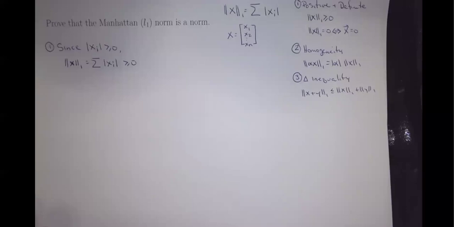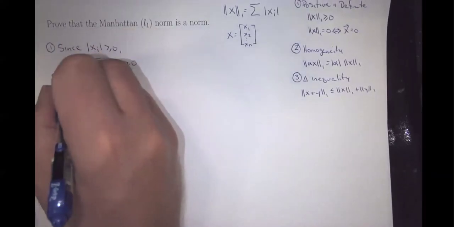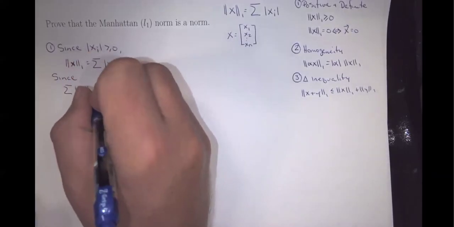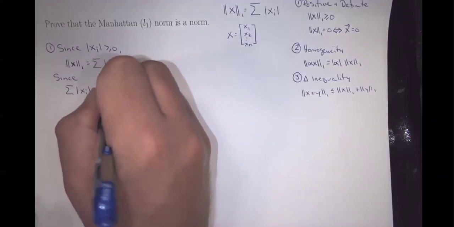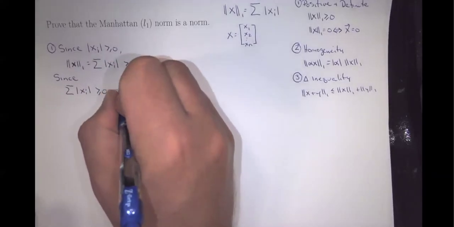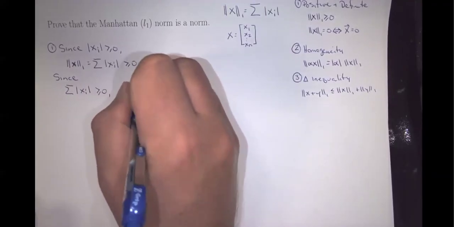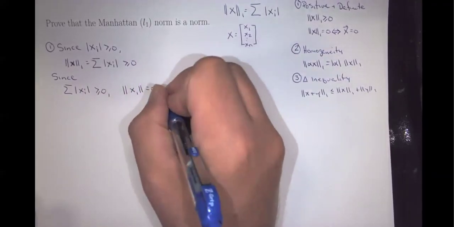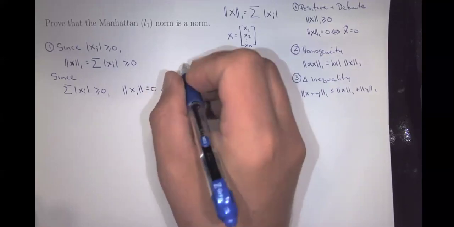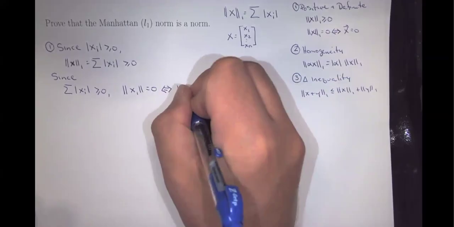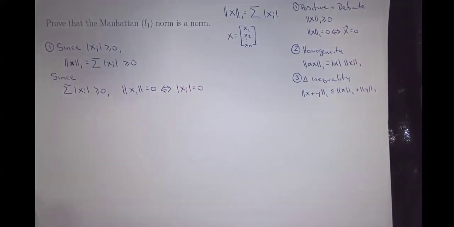Okay, but we know a little bit more than that. And we know that since the sum of the xi's are greater than or equal to 0, the norm is equal to 0 if and only if each of the absolute xi's is equal to 0, because none of them can get negative.